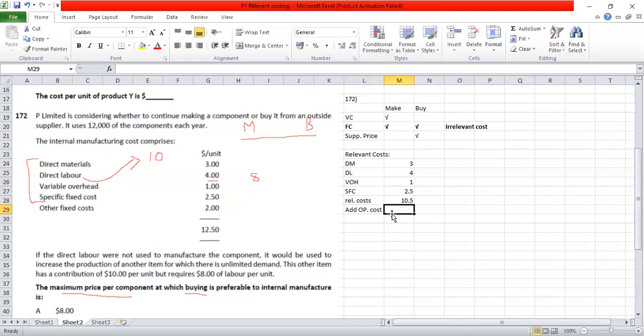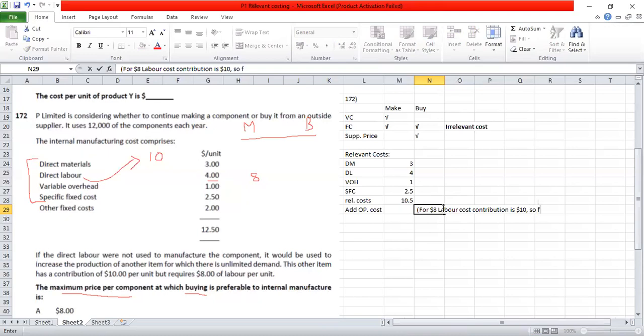How do we get this opportunity cost? See, here we can write it as: for $8 labor cost, contribution is $10. But right now their labor cost is only 4.